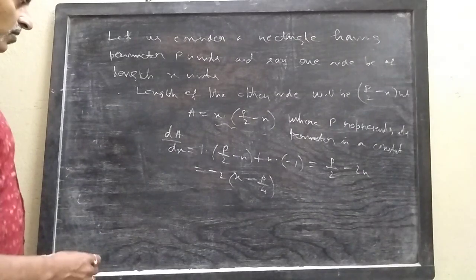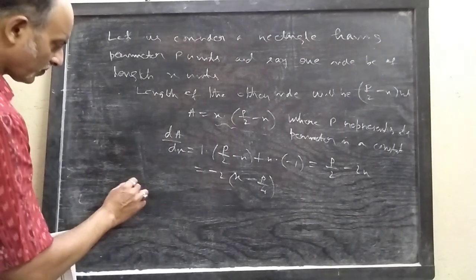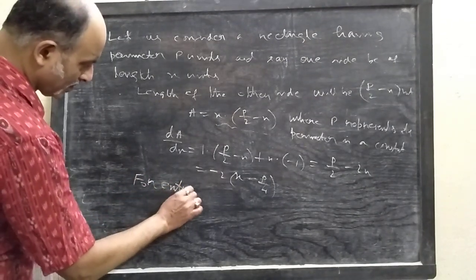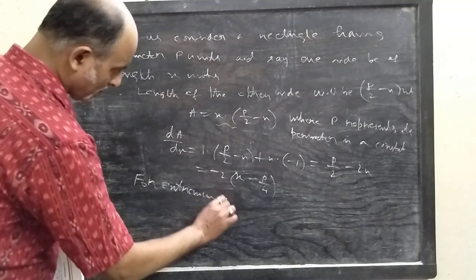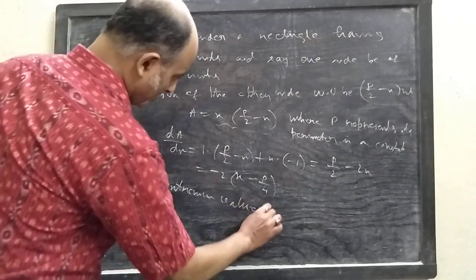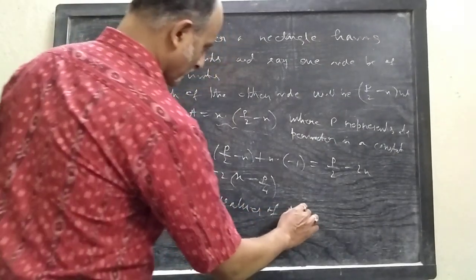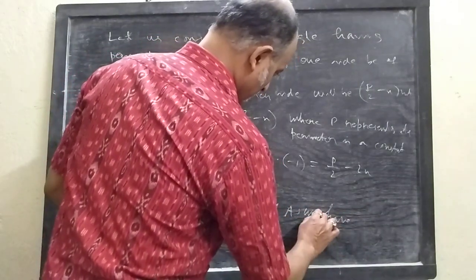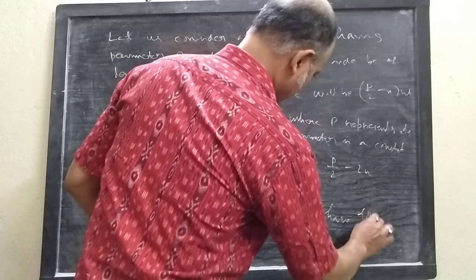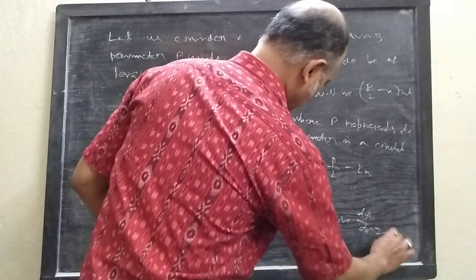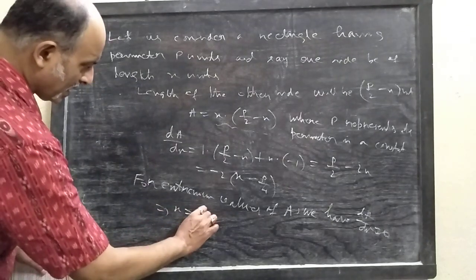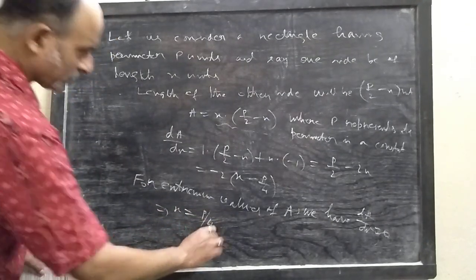So for extremum values of A, we have dA/dx equals 0, that gives x equals P by 4.